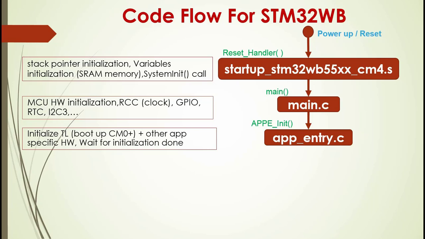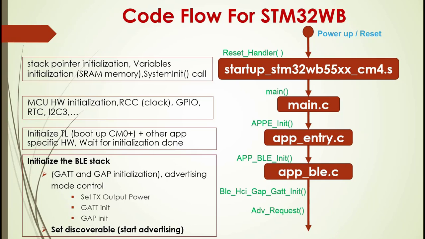This will initialize the transport layer of the Cortex-M0+ core. It will also do some other hardware configuration which is required for Bluetooth. Then it will go to app_ble.c, where it will do the BLE initialization.